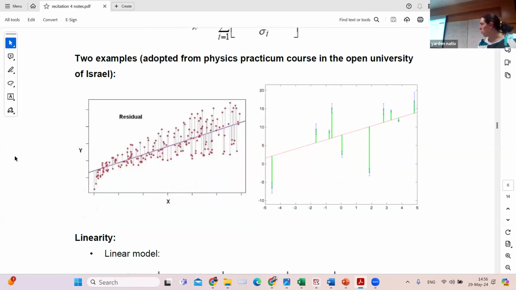I'm just showing you here, for example, that if you have this data, this is the real data, and then you have this function, which is the optimized function to describe the data as linear, right? How do you know it is optimized?